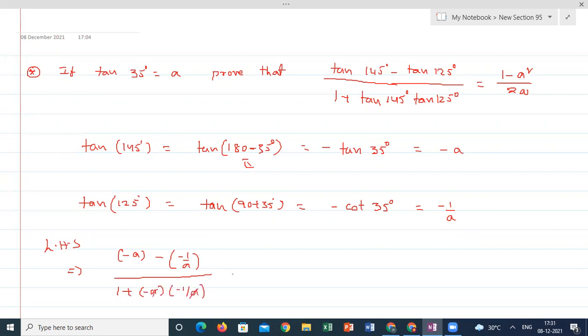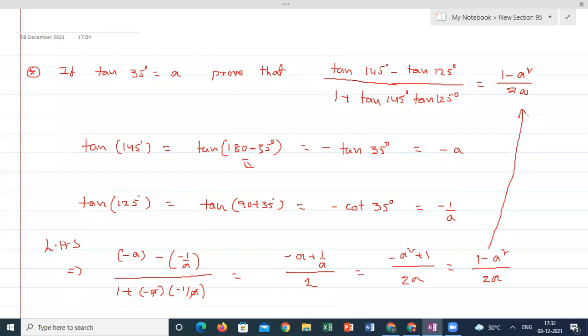So a cancels. This will give minus a plus 1 by a divided by 2. So minus a square plus 1 by 2a. The final answer is 1 minus a square by 2a, which is your RHS. If you are clear, I will move to the next question, students.